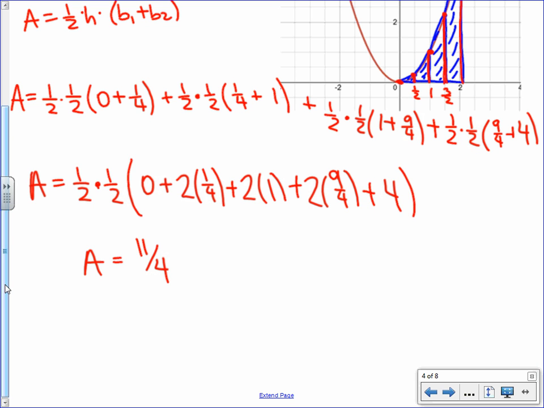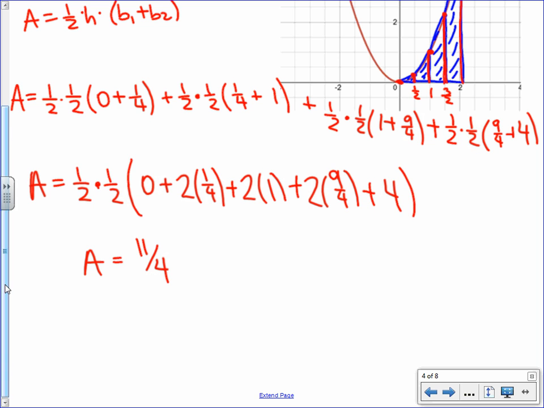I did it without the first way and I got 45/16. It comes out to 44/16, and then you simplify it down to 11/4.